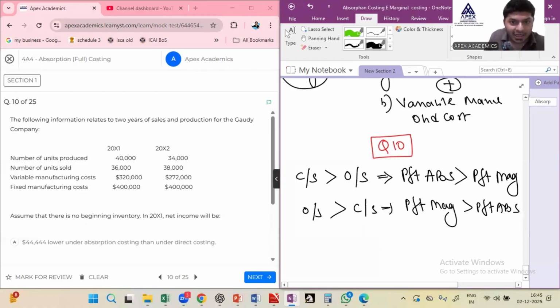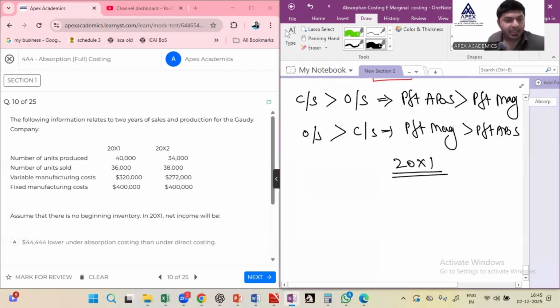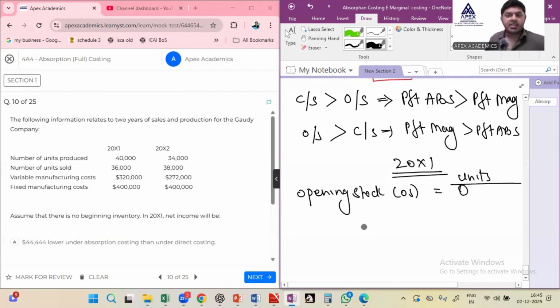Now we are looking at what year? We are looking at 20x1. Now please try to understand, in the year 20x1, it has been clearly told to me that there is no beginning inventory. So can I say that my opening stock OS is equal to 0 units? How many units? 0 units.